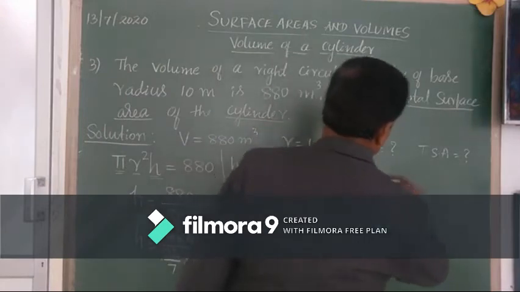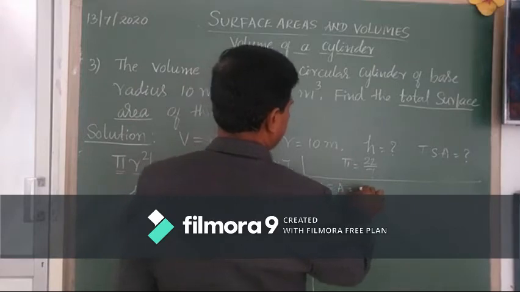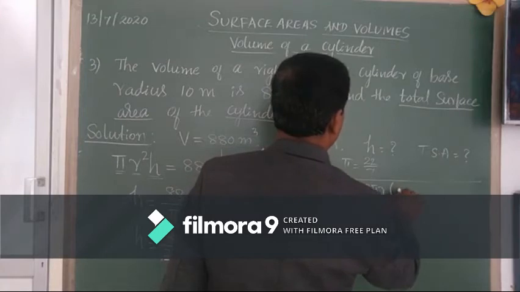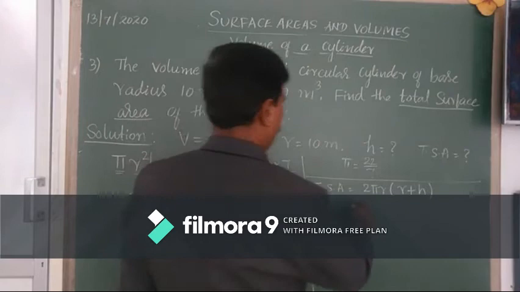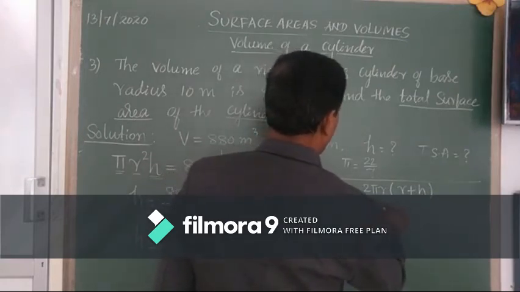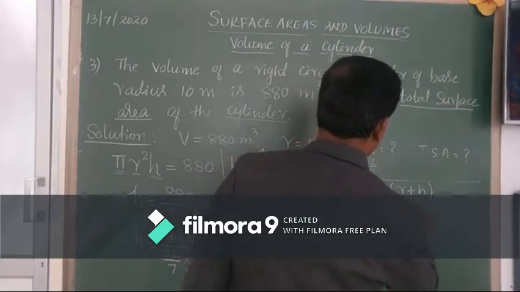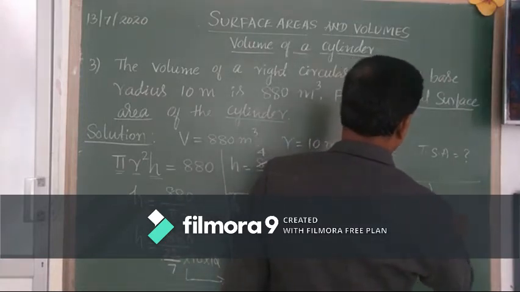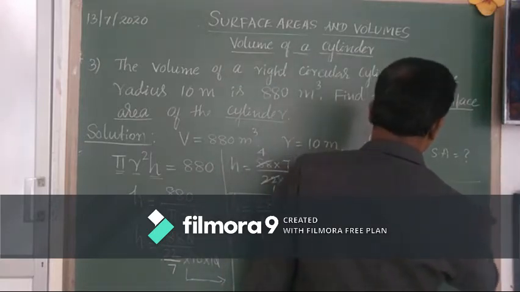Now we want the total surface area. So TSA is equal to 2 pi r into r plus h. Now, what is this? 2 into 22 by 7 into r, which means 10, bracket 10 plus here h you can write it as 2.8.